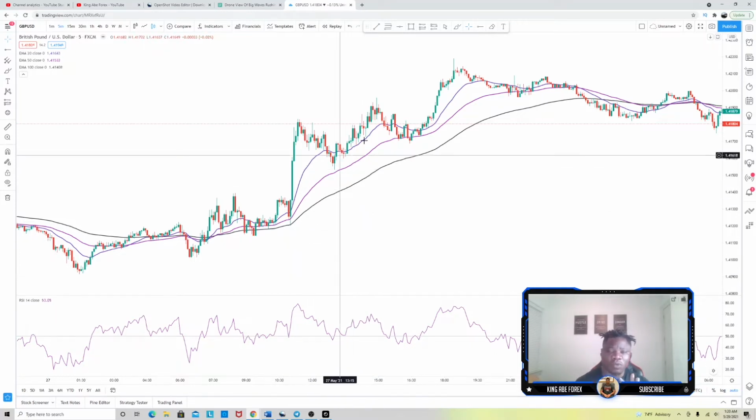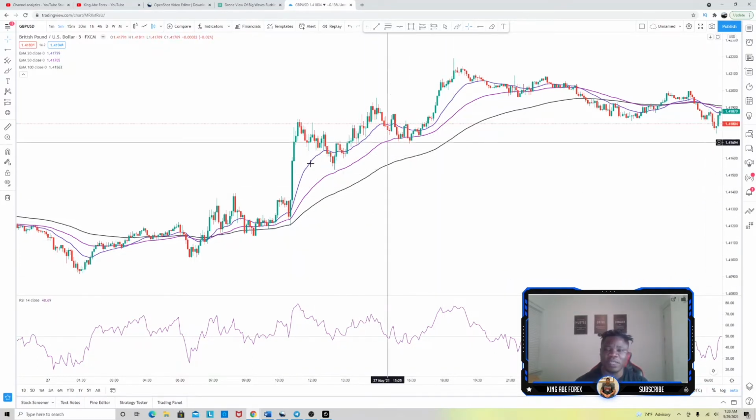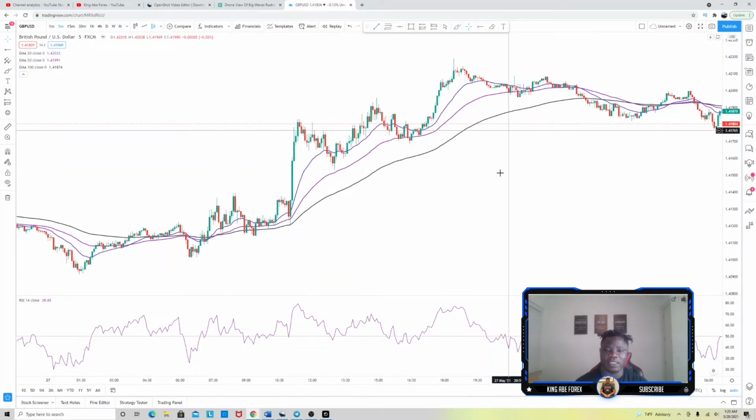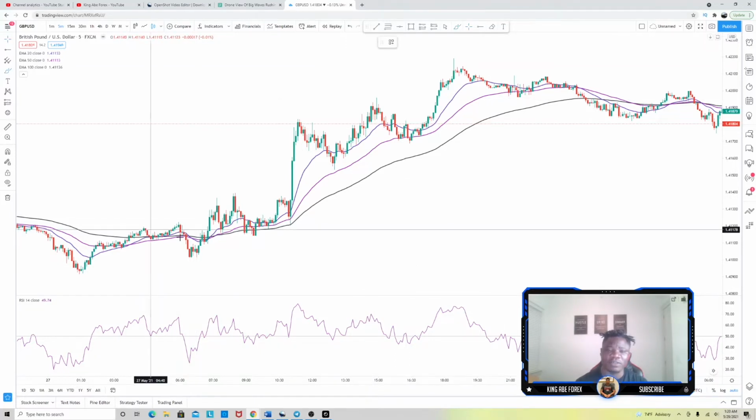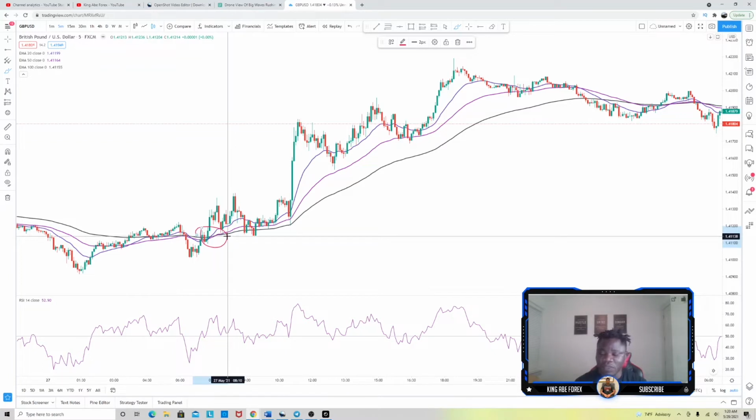Now when we look at these 3 EMAs for this buy example, what we need to be looking for is an existing trend, in this case an uptrend. We can see that the trend started from right over here because the 20 crossed the 50 and the 100 EMA. But we need to wait for more confirmation to see if this is truly an uptrend.